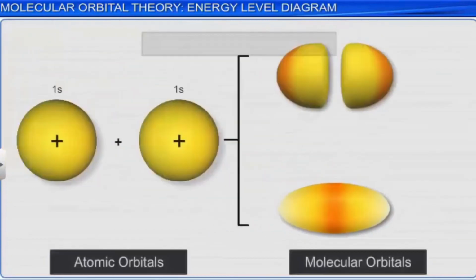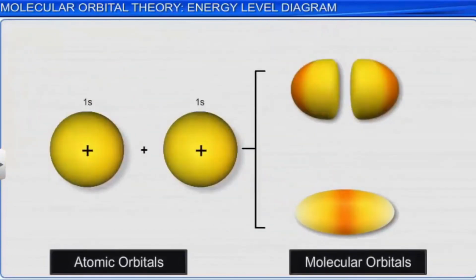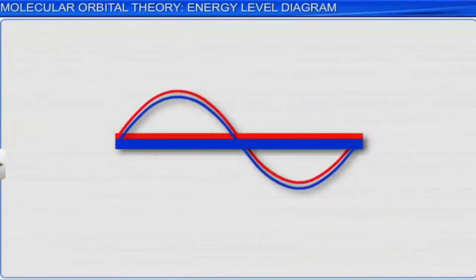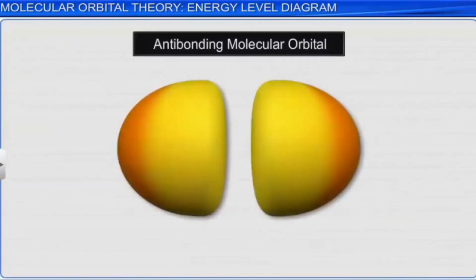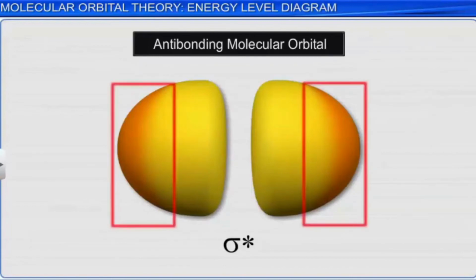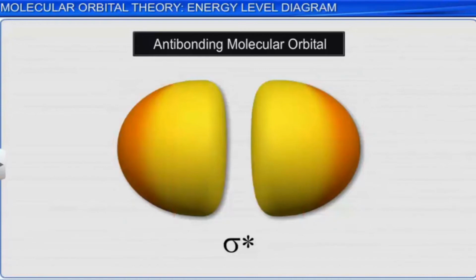The molecular orbital formed due to destructive interference is called an antibonding or sigma star molecular orbital, as the electrons belonging to it are placed away from the region between the two nuclei. This increases their energy, thus making the molecule less stable.